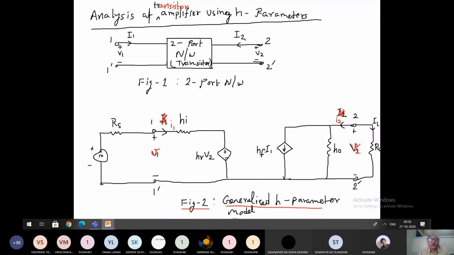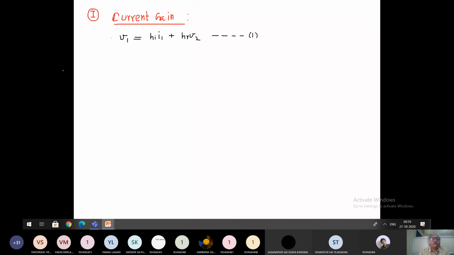Now we will write the second equation, and that will be i2. Yes, i2 is equal to, somebody can respond, i2 is equal to, what is the current source?